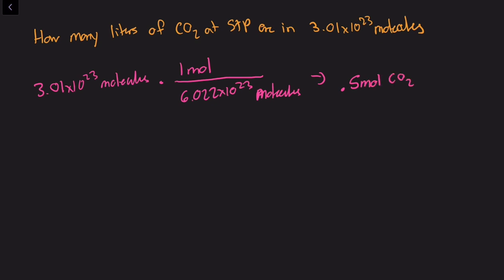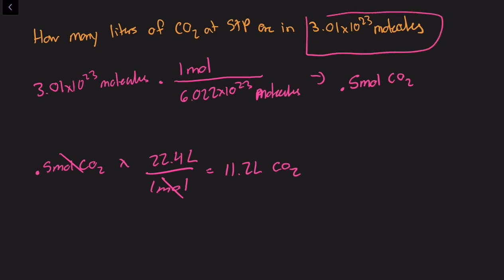Now that we're working with moles, we can do our mole to liter conversion to get our answer in liters. So we're going to take our 0.5 moles of CO2 and multiply it by 22.4 liters over 1 mole, giving us a total of 11.2 liters of CO2 from 3.01 times 10 to the 23rd molecules.